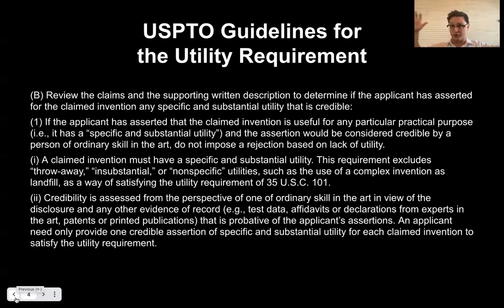So the big picture point here is that the utility requirement exists and is imposed on every patent and does structure at some level the kinds of things and points in time at which you can claim patent protection, but it's not a very strenuous burden on the patent applicant, right? Because pretty much anything can qualify as a use sufficient for the utility requirement, so long as it plausibly could be something you would do with the invention or discovery.